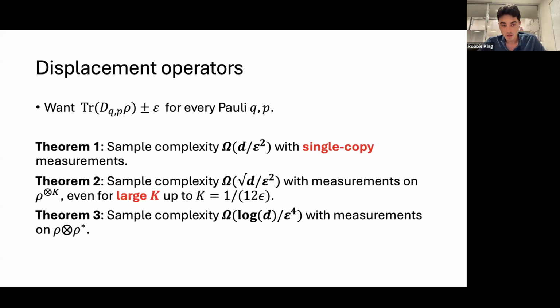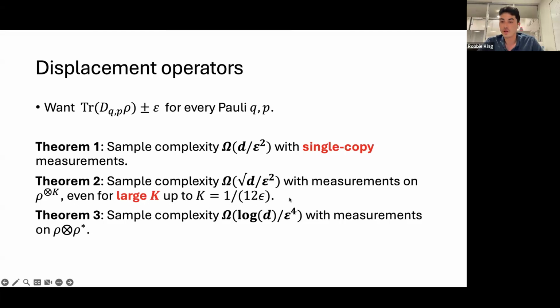But theorem 2 says, okay, even if you have access to entangled measurements on rho tensor rho, or even further, entangled measurements on rho tensor rho k times, where k can be quite large, up to 1/12 epsilon. So this is in fact even growing as we require epsilon to be smaller and smaller.